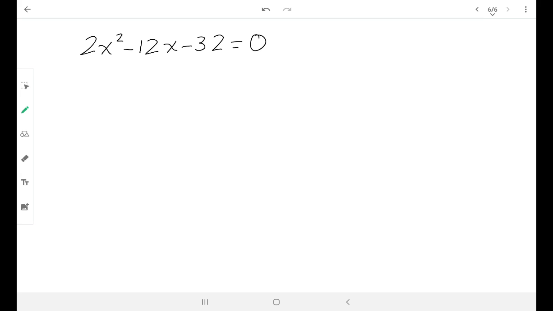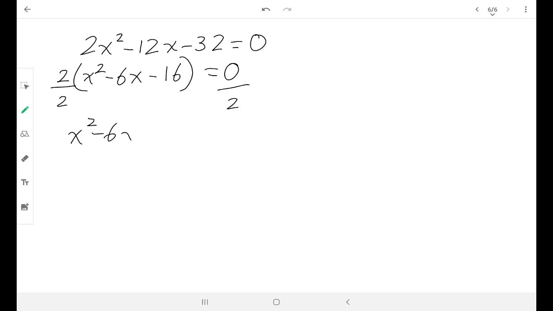And what we'll do is notice that I can factor a 2 out of everything, and that'll make the factoring a little bit easier. Let's see, that's x squared minus 6x minus 16. And if I divide everything by 2, then I have x squared minus 6x minus 16 equals 0.